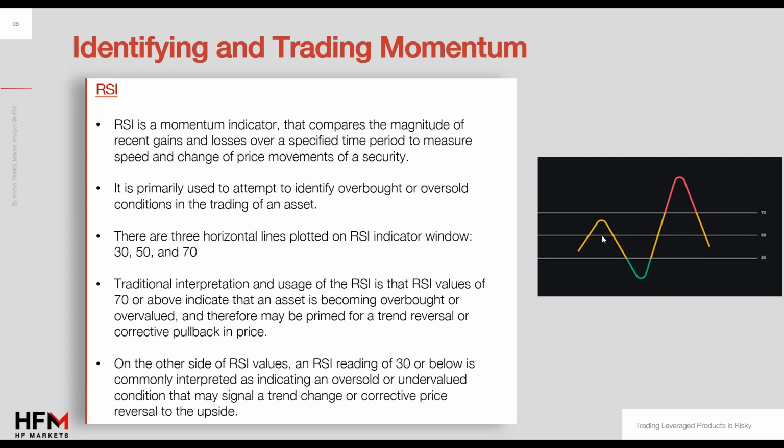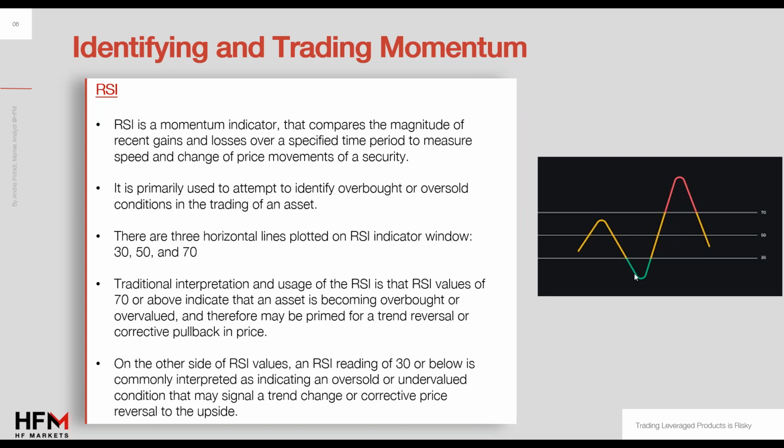So what is key when we are using RSI is to observe where it is moving. Is it moving above 70? Is it moving above 50? Is it moving below 50, below 20, etc.? Also, where is it pointing?